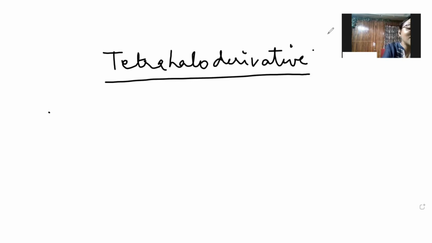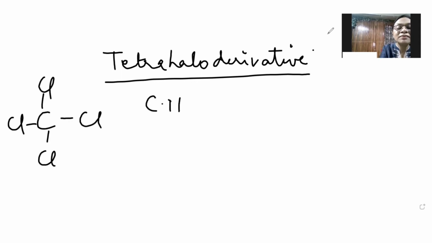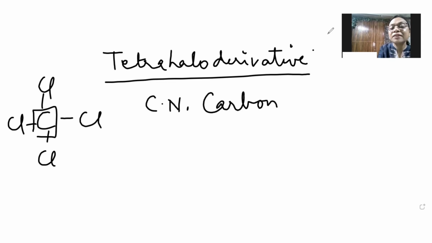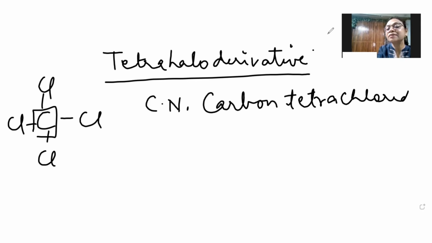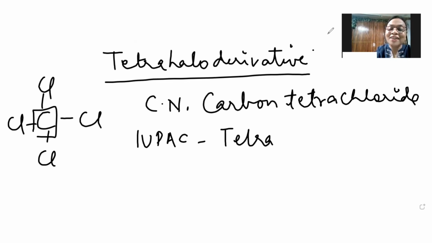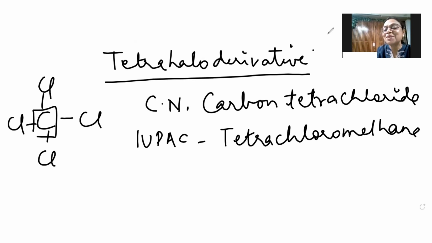So in this case, we have, say, this common name, carbon tetrachloride. And the IUPAC name, do I have to discuss? I don't think so. Still, it's 1,1,1,1-tetrachloromethane. So just write it as tetrachloromethane because of obvious reasons for the numbers.